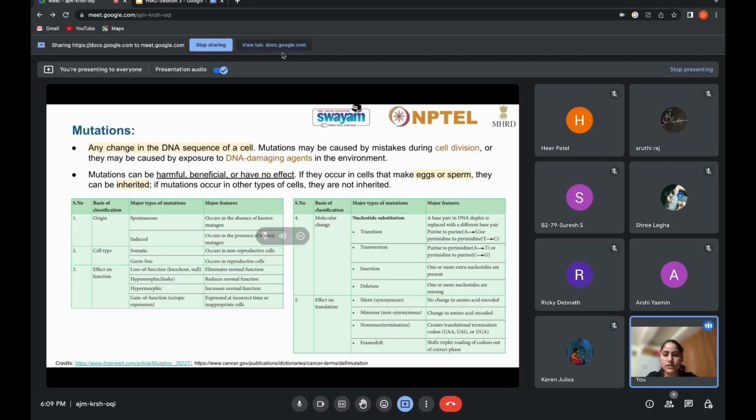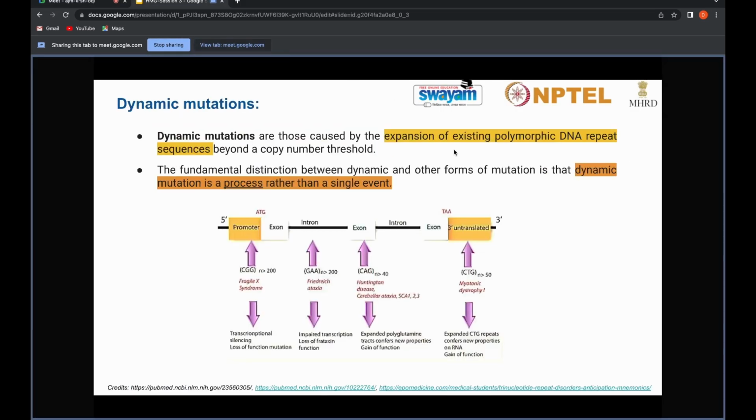Okay, so now let's talk about the dynamic mutations. In this week 3, it is mainly focused on the dynamic mutations. So what are dynamic mutations? As its name suggests, dynamic, that means it is continuously occurring. These are the mutations that are caused by the expansion of existing polymorphic DNA repeat sequences beyond a copy number threshold.